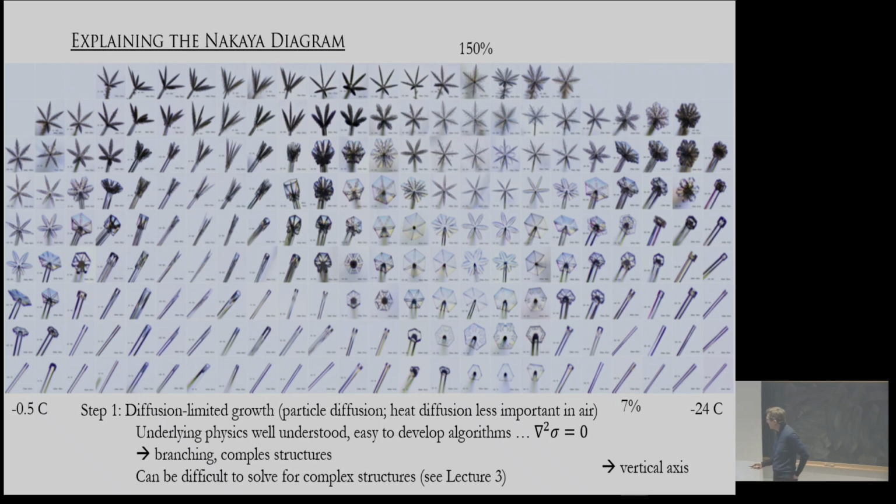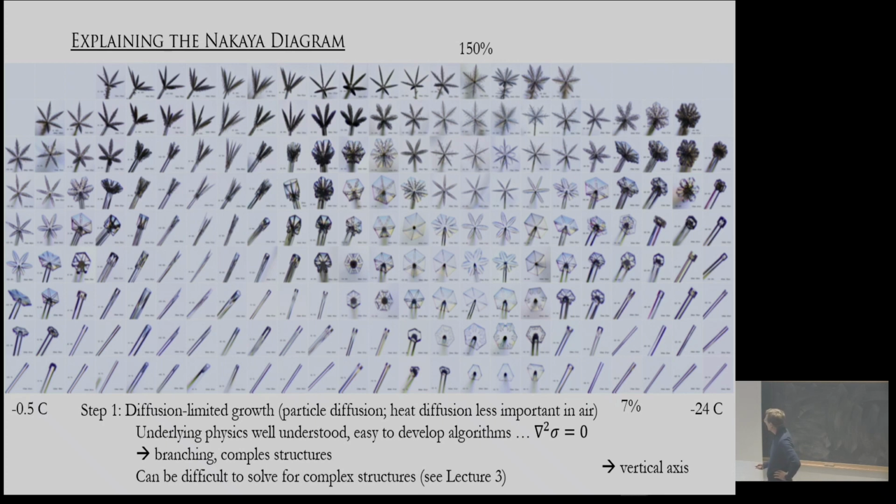It's a diffusion equation, in fact even the Laplace approximation, so it's a very simple equation. It's very easy to write into an algorithm that will solve the diffusion equation. That's been known for many, many years, and it produces branching and complex structures, diffusion limited growth.